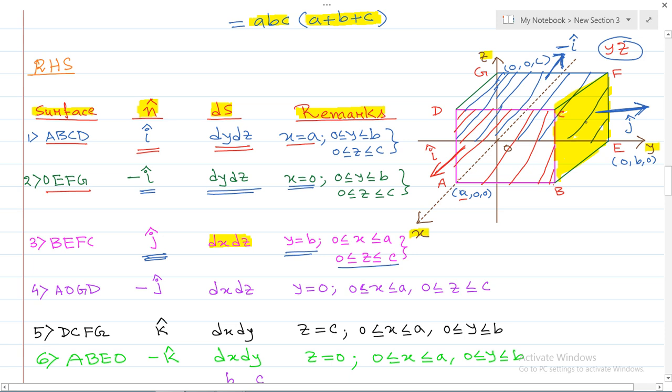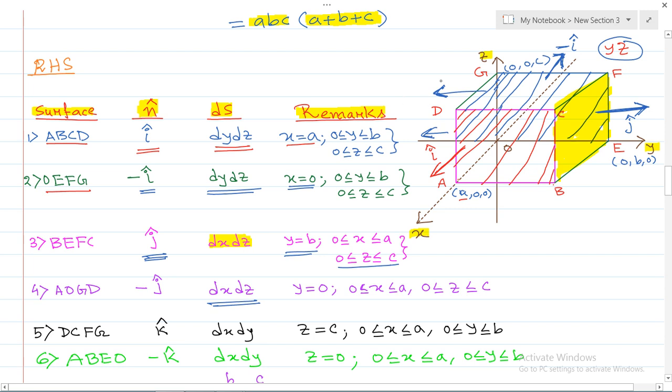Now we go to the back side of this surface, that is AOGD. Same thing, AOGD is situated in the xz plane, so our ds is going to be dx dz, where the outward unit normal will be in the negative direction of the y-axis.